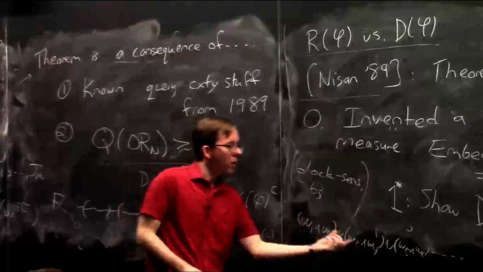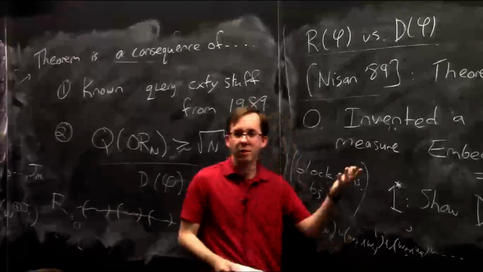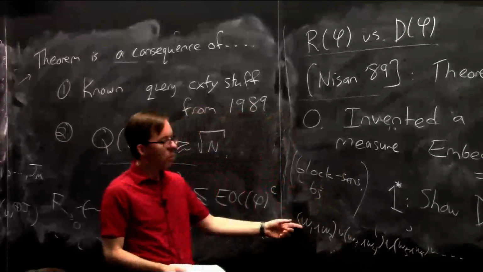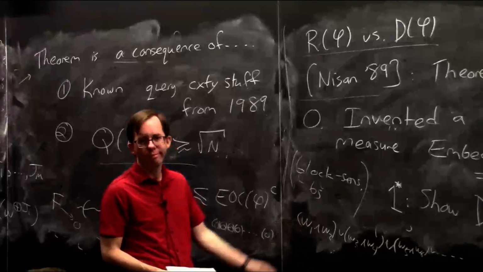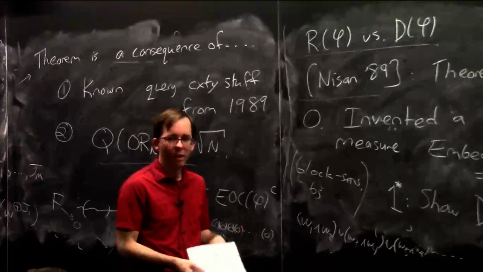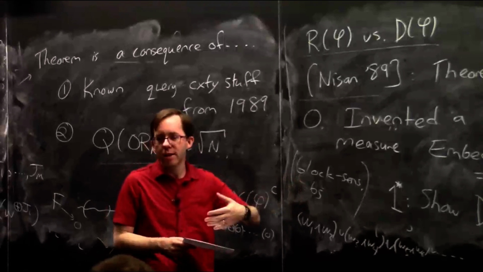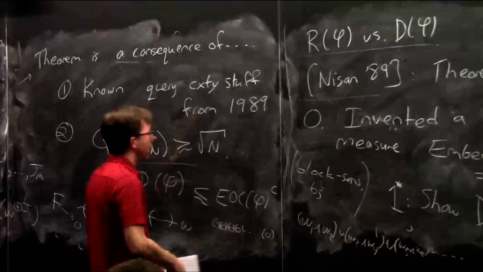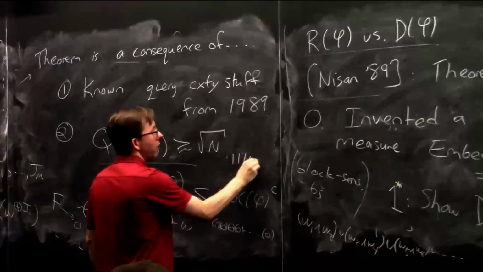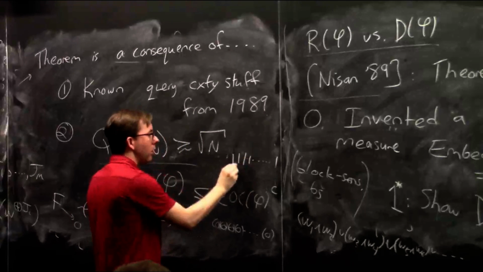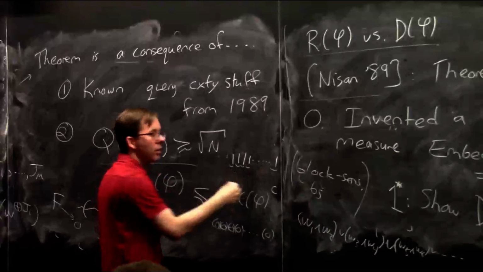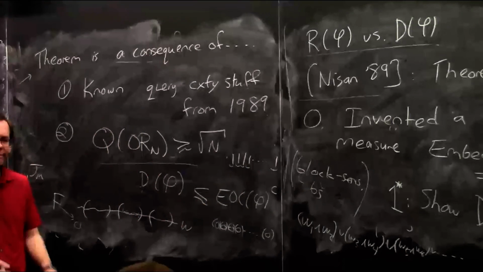But if you flip both coordinates in any block, that flips the value to 1. This function's embedded OR complexity is n over 2, so it's some kind of OR-like thing. And the AND function has embedded OR complexity n, because on the all 1s input the value is 1, but you can take every bit to be a block, and if you flip it, the value is 0.